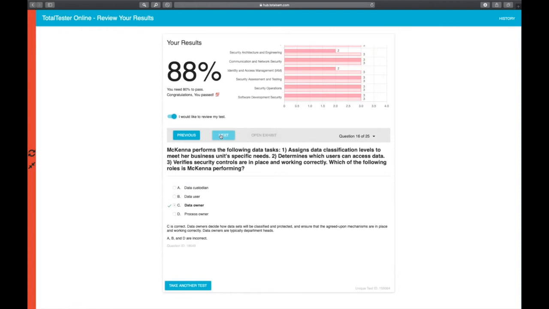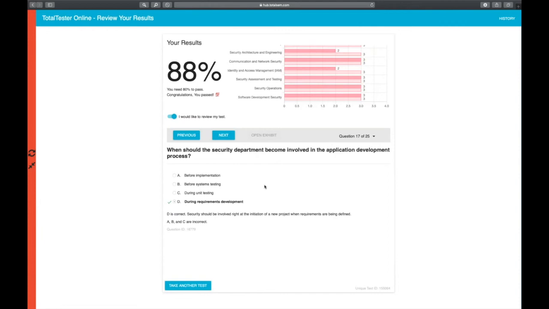All right, number 16, this was a layup. Data owner decides how data sets will be classified and protected and ensures that the agreed upon mechanisms are in place and working correctly. Data owners are typically department heads.